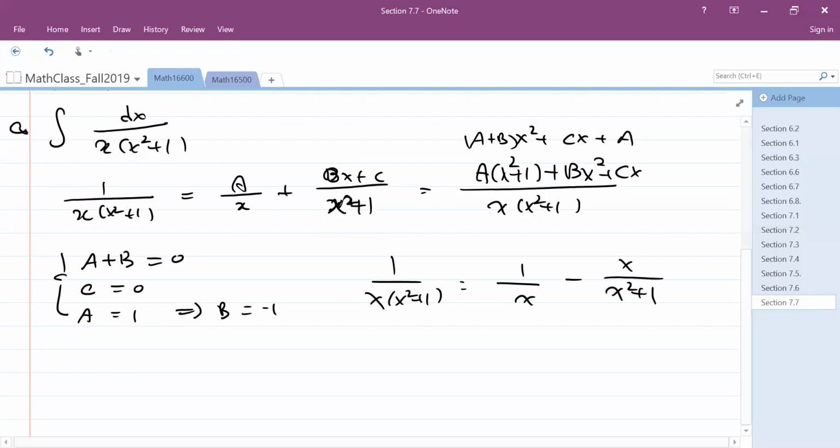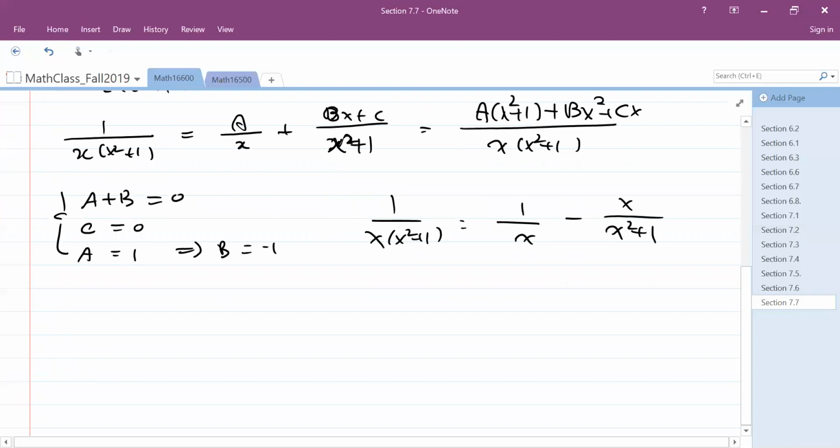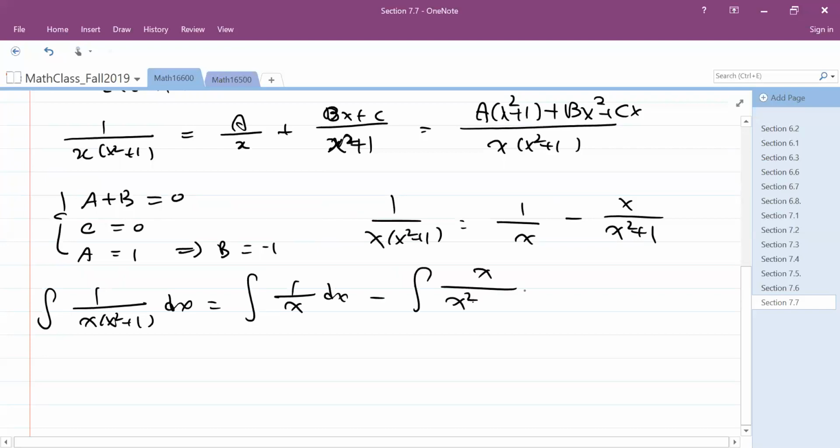Okay. So now you can evaluate the integral of each of them, right? So it's going to be the integral of 1 over x and the integral of x over x squared plus 1 dx. So the antiderivative of the first one is natural log of absolute x.